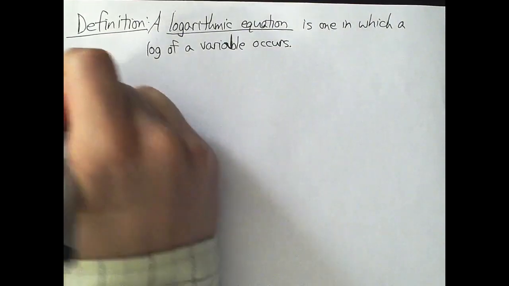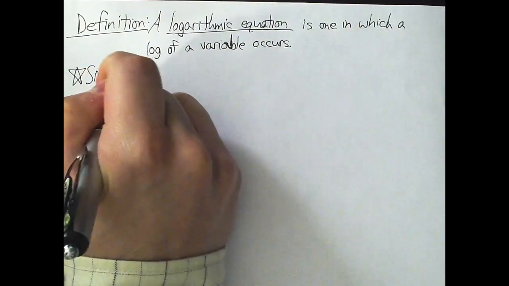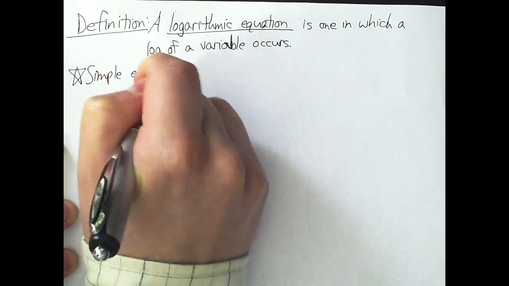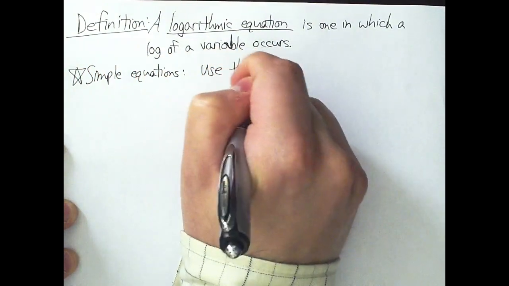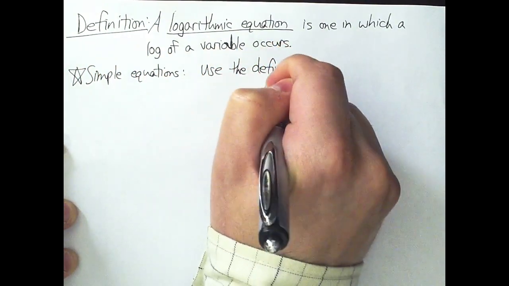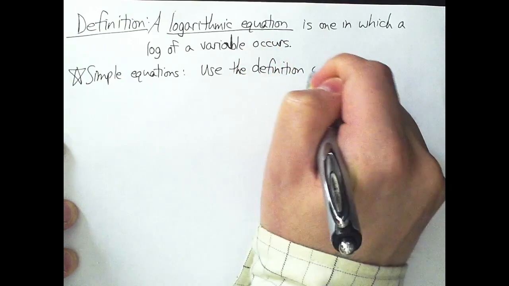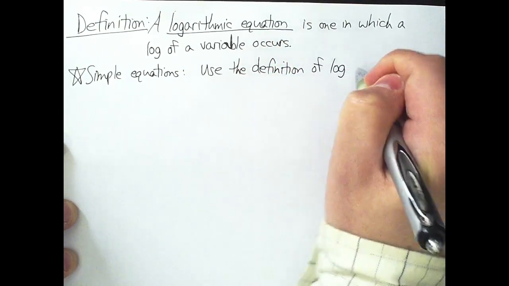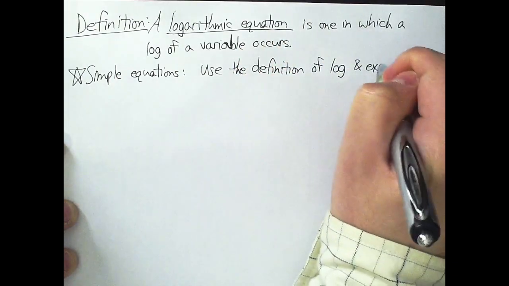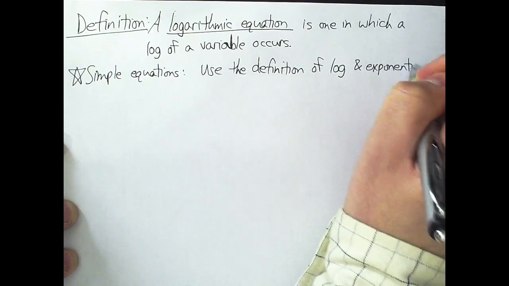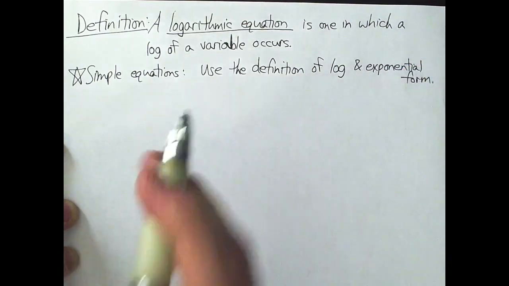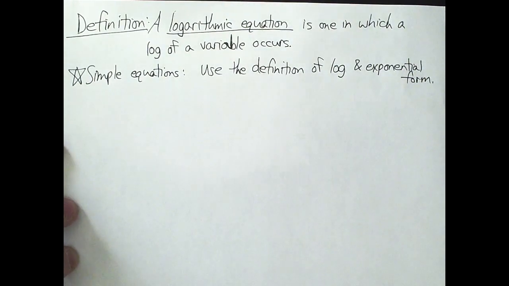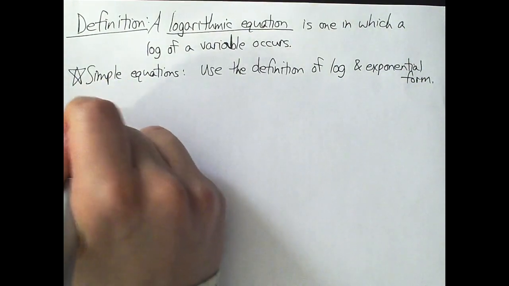So for simple equations, we could use the definition of log and exponential form. What I mean is converting back and forth between the log form and the exponential form can help us solve.